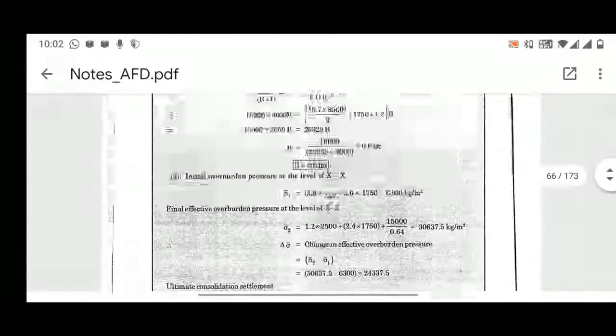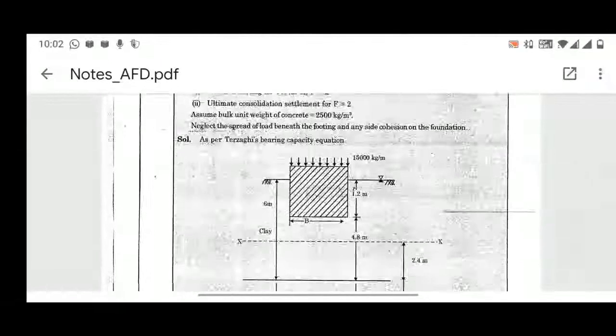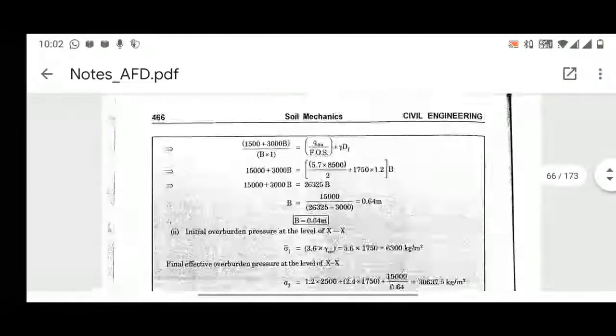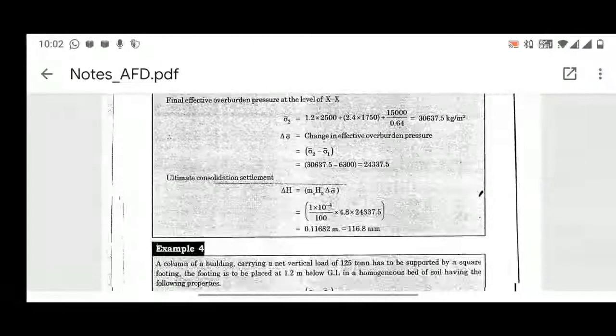H naught is 4.8, the total thickness of the clay layer below the base of footing, of which half has been considered. Multiply it with delta sigma, and that will give you the consolidation settlement. I hope this numerical problem is clear to all.